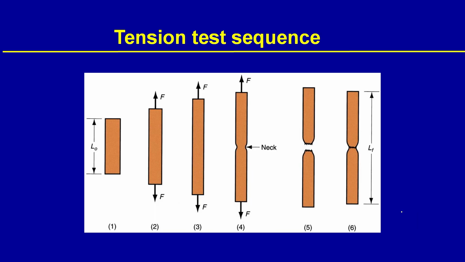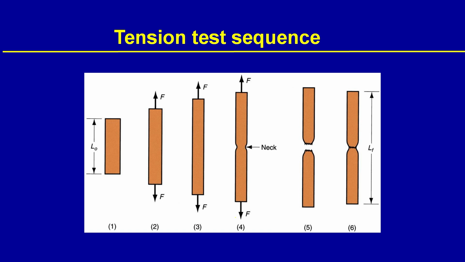So, how does the sample actually look during the tensile test? You can see 1 to 6, there are 6 defined schematic pictures I am showing you. One has a dimension of L0, and then you pull it using some force, it started elongating, and at some point it starts forming a neck in the sample, and that neck is where the deformation is concentrated.